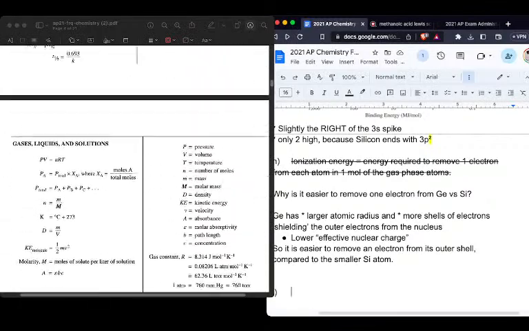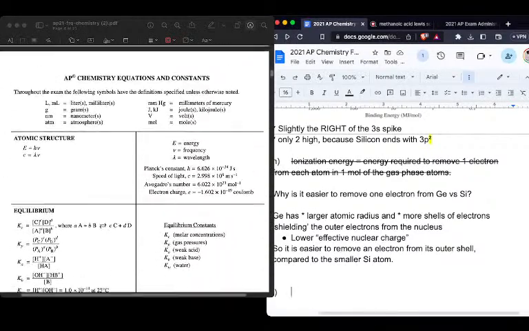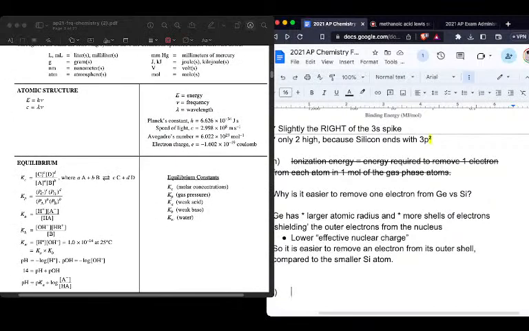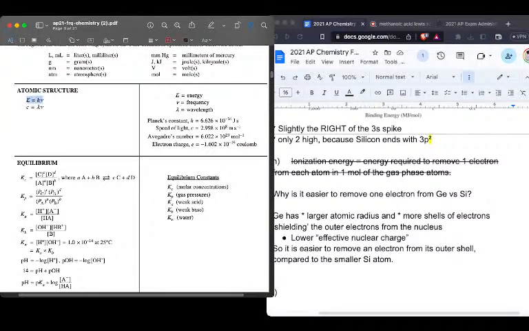No, they don't. Oh well, E equals hc over lambda is your formula. Oh, here it is. E equals h nu, and then c equals lambda nu.